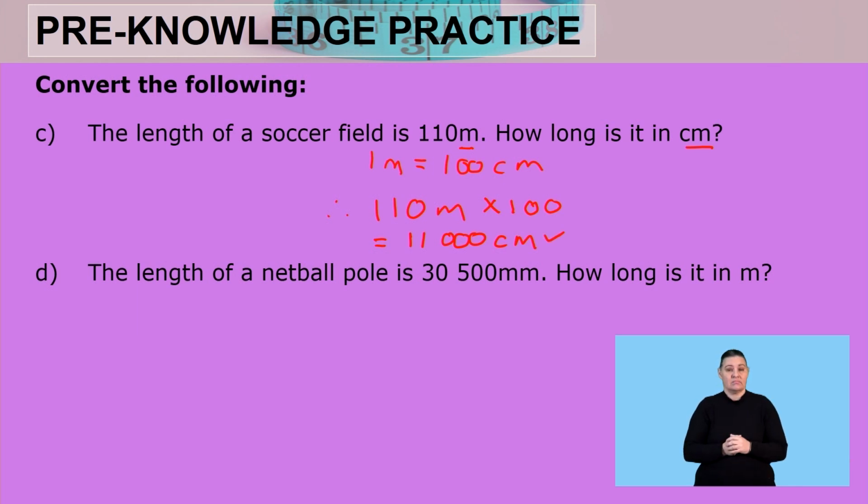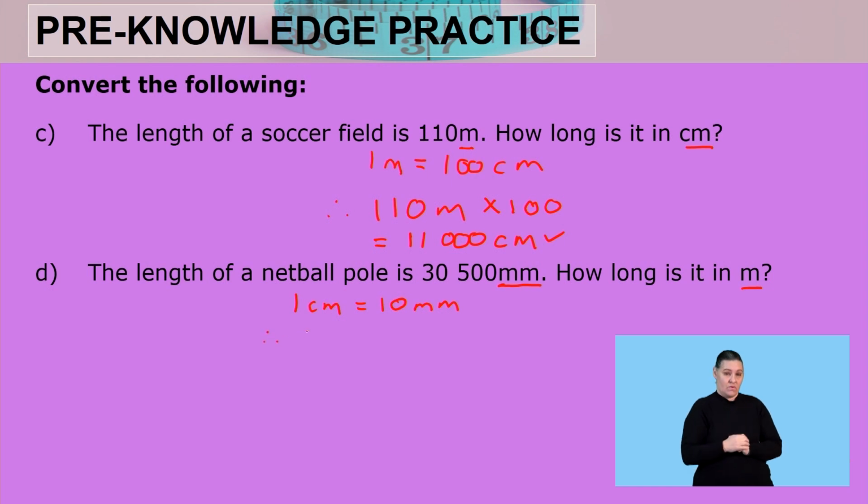The last one. The length of a netball pole is 30,500 millimeters. How long is it in meters? So if you see this one, you're converting from millimeters, not just to centimeters, but from millimeters to meters. So it's almost a double jump. So the first thing we've got to do is we've got to go 1 centimeter equals 10 millimeters.